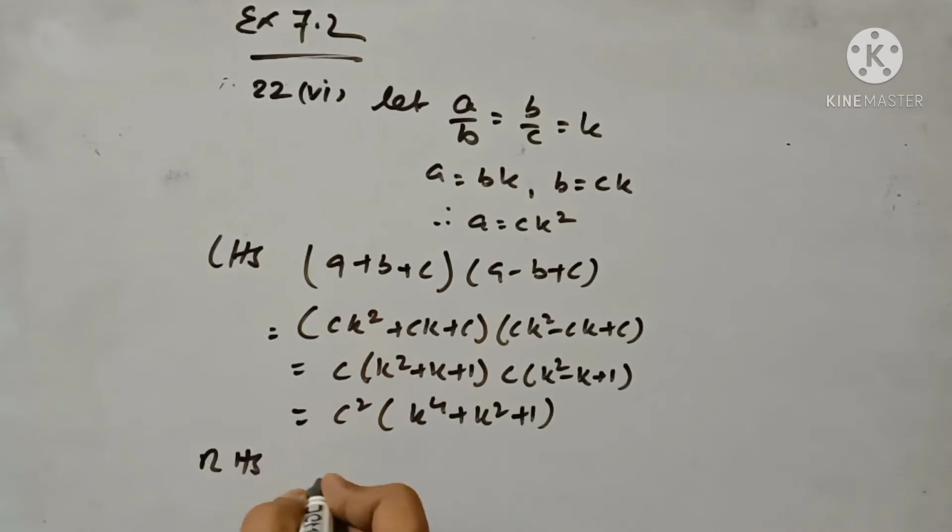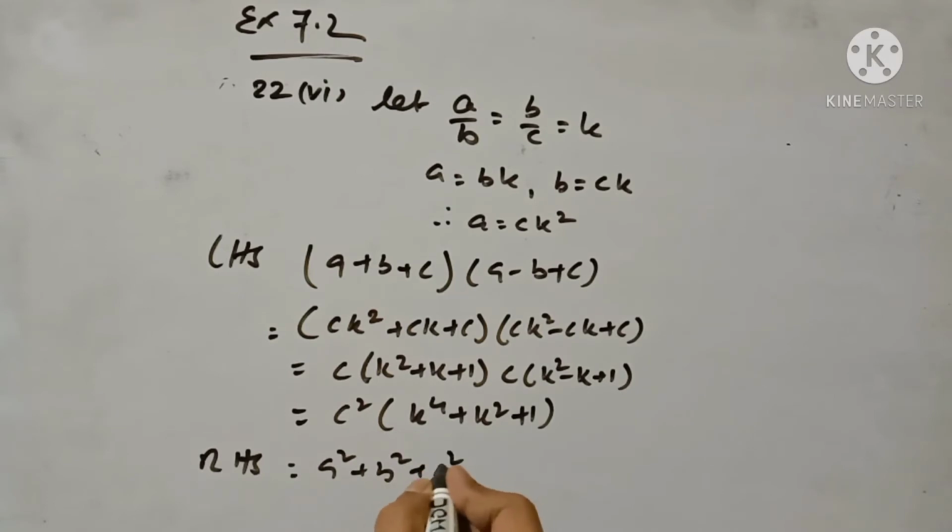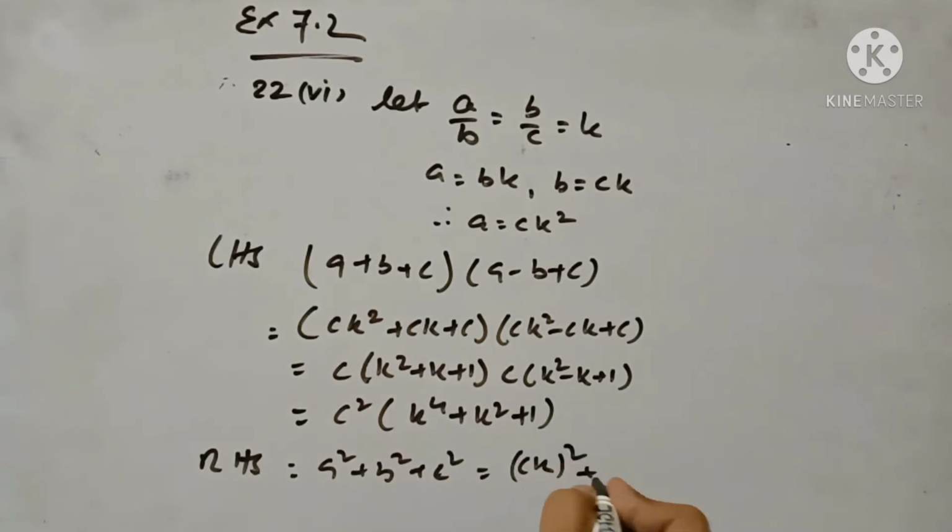Now RHS. It will come A square plus B square plus C square, equal to CK square whole square, plus CK whole square plus C square.